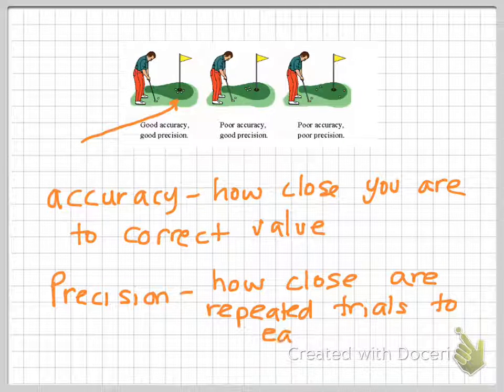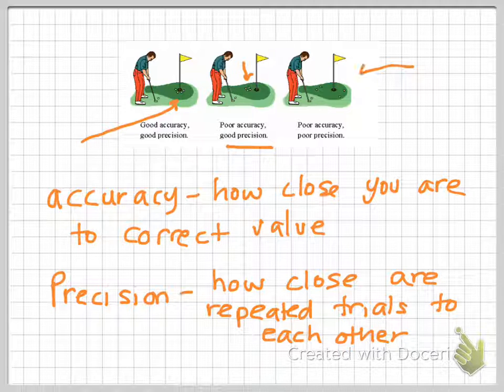In the first picture, there is good accuracy because the golfer is close to the hole, and it's also good precision because every time he took a practice shot, it was in roughly the same proximity to the hole. In the second picture, the accuracy is poor because he's not that close to the hole, but the precision is good because every time he hits the ball, he's getting it in about the same location.